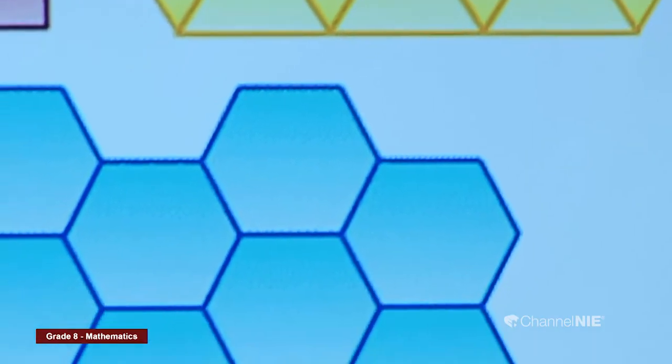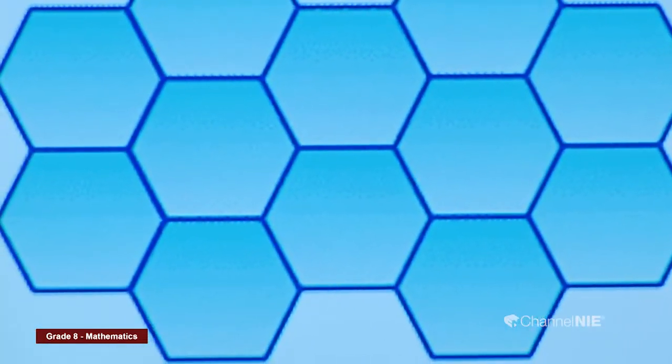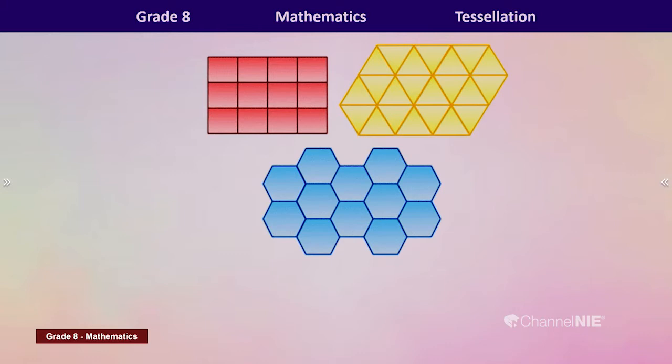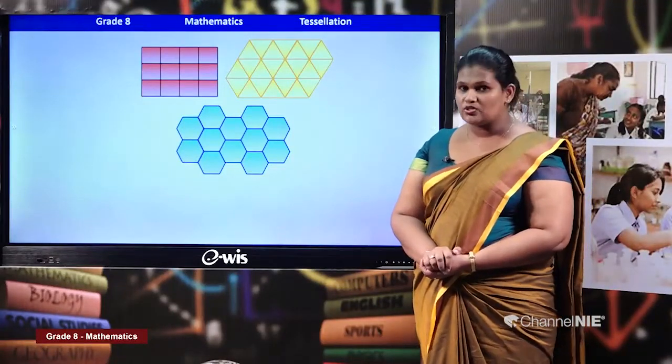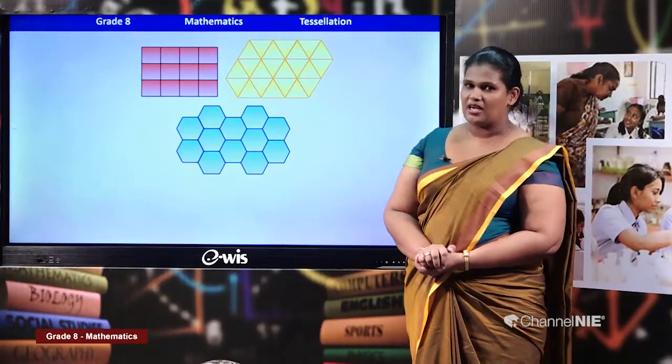First one, have you noticed, squares means all the sides are equal in length and all the interior angles are equal in magnitudes. Then what can you say about the triangles used in the second figure? All three sides of the triangles are equal in length. That means the interior angles of those triangles are equal in magnitude.